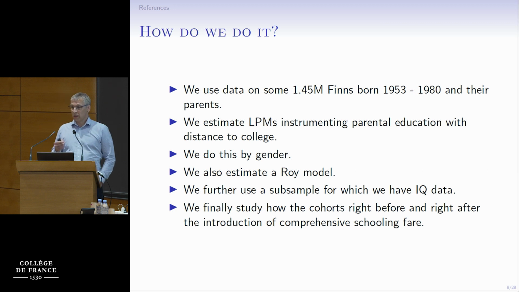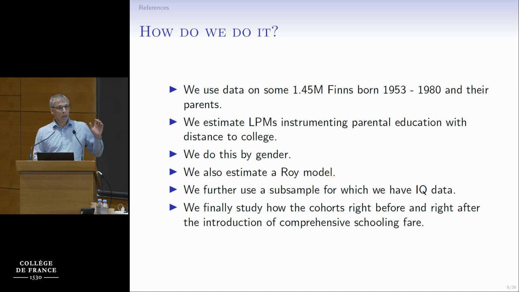We're going to estimate things by first pooling daughters and sons and then by gender. We're also going to estimate a Roy model to get out more than the local average treatment effects. And then finally, to further inquire whether we're still maybe in violation of the exclusion restriction, we're going to use a subsample of our data where we have IQ for the offspring, not the parents.